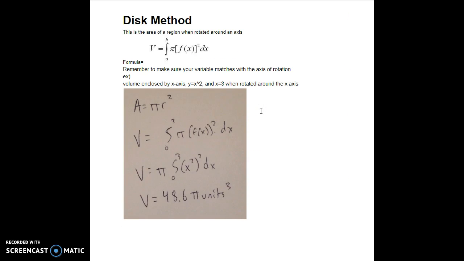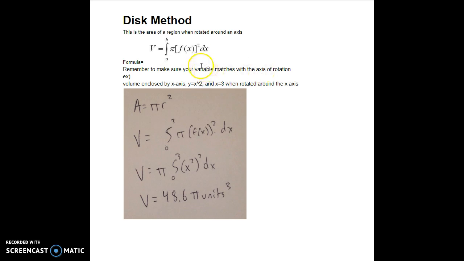So now disk method. Disk method is where you find the volume of a region when it's rotated around an axis. So our formula for this is volume equals the integral from a to b of pi times f of x squared dx.